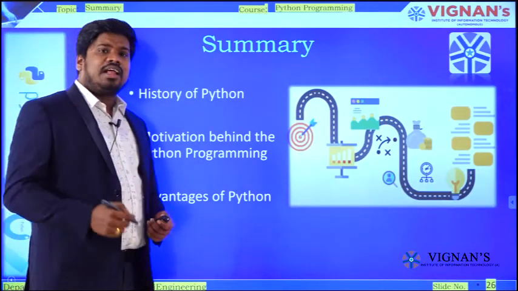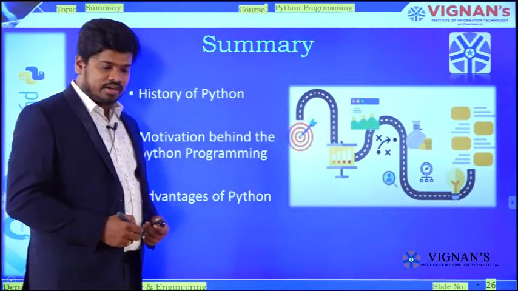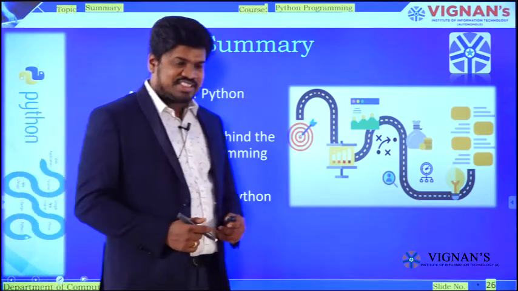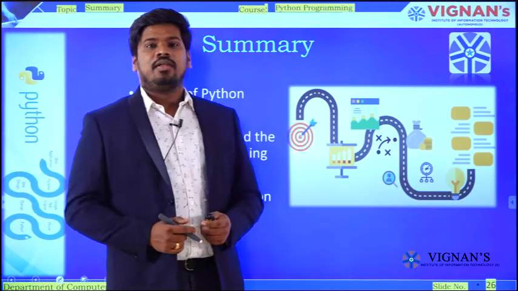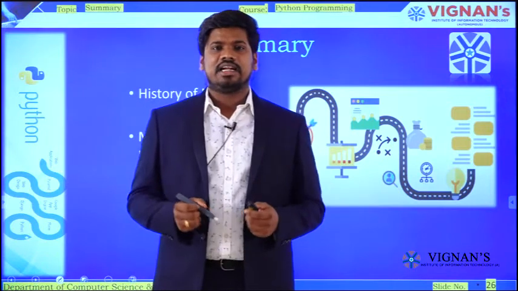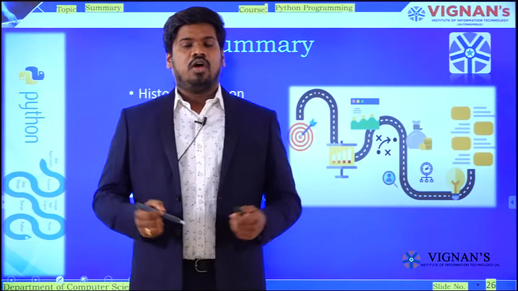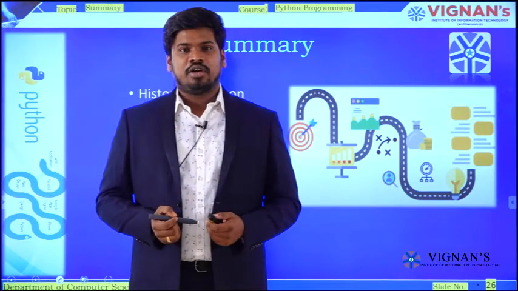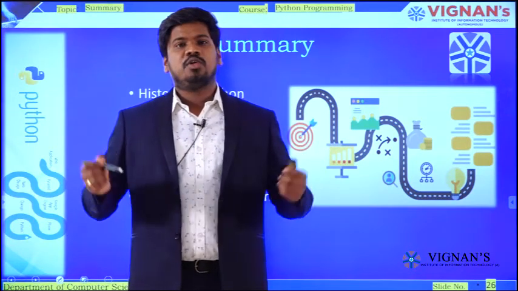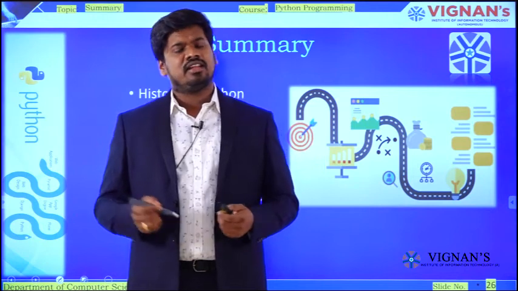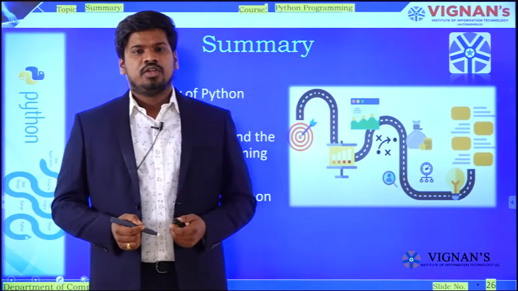So I want to summarize today's lecture number 1. At the start I told you what Python is, and second I told you who the author of Python is, how the Python name was got, and what motivated Guido van Rossum to create Python.